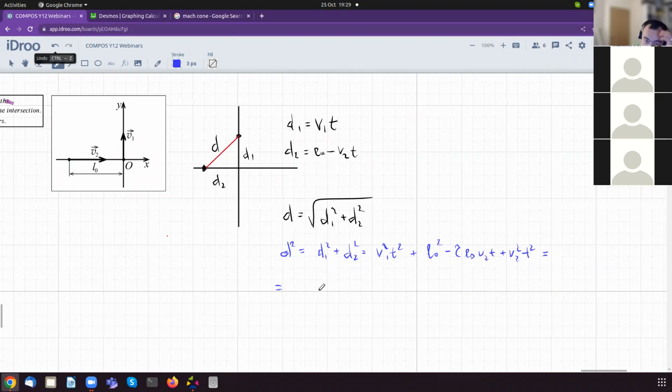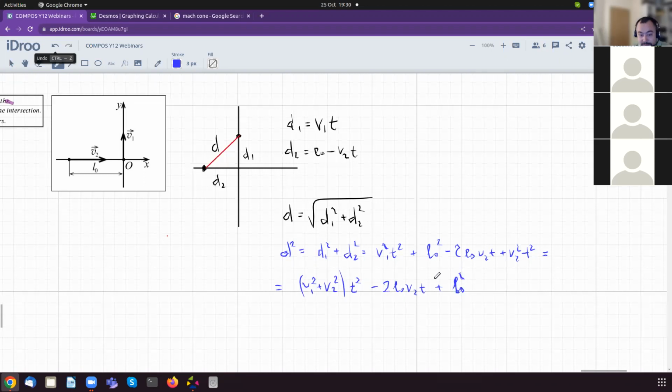And then just doing magic of numbers, it's V1 squared plus V2 squared times T squared, minus 2 L0 V2 T, plus L0 squared.